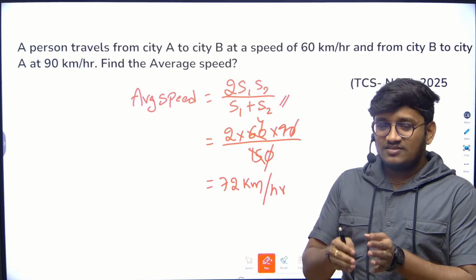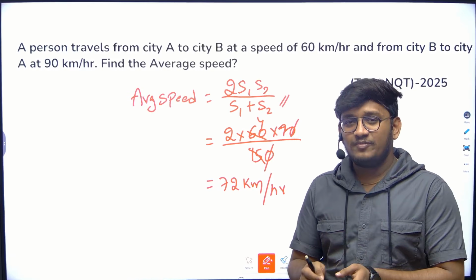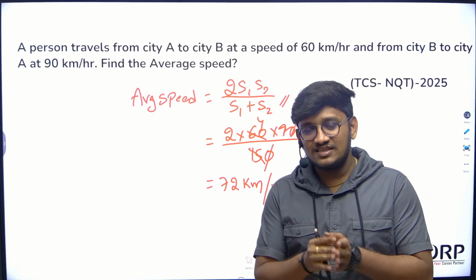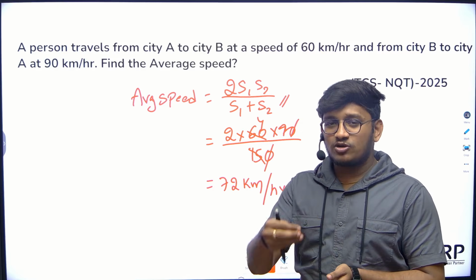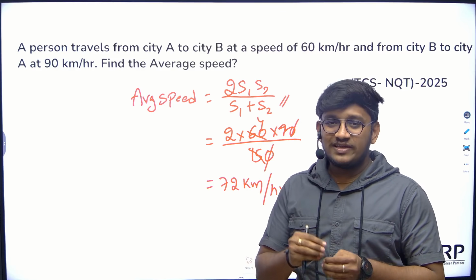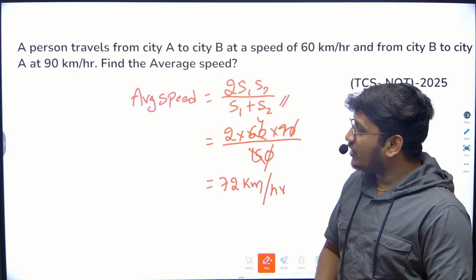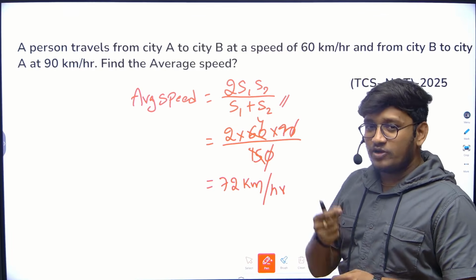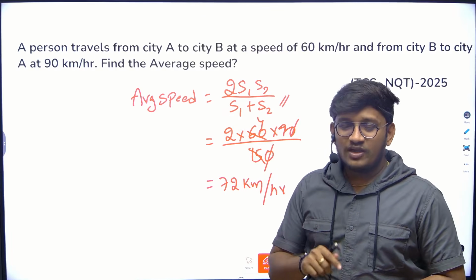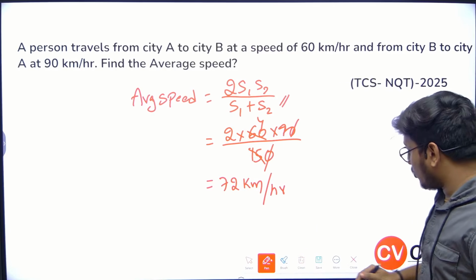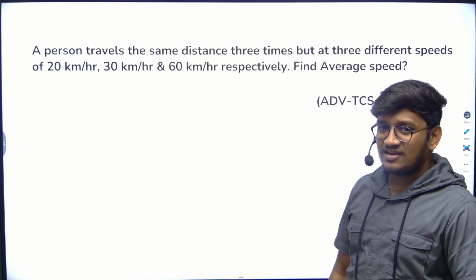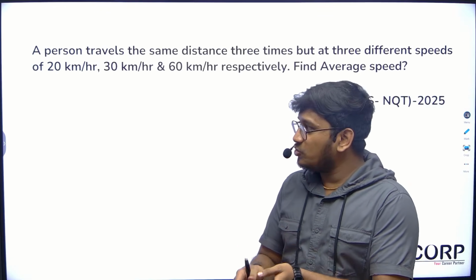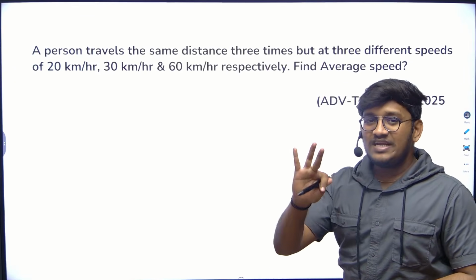Again, most of the students are giving the same feedback: whatever questions you discuss in the previous TCS NQT videos, the same pattern of questions comes in the exam just by changing the values. One more important point regarding average speed: in the same 14th April slot, in the advanced round, one of the students said, sir, it was the same average speed question, but with three different speeds.